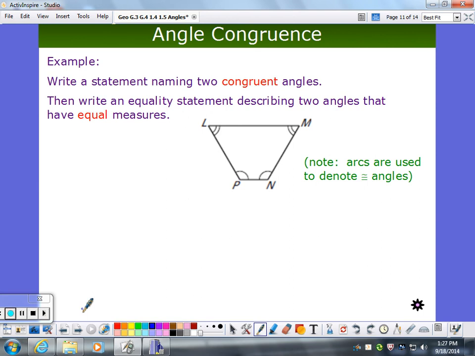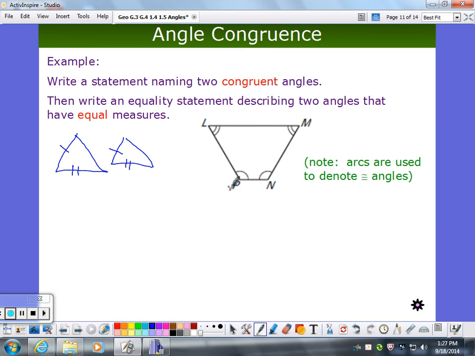So the way we show congruence, if you remember when we were looking at segments, if I want to show different things are congruent, I use this little marker. So this one says this side is congruent to that side. Well, what if this side was congruent to that side, but not the same as this one? You would put two little markers. So that's how you show different sides are congruent when you're working with segments.